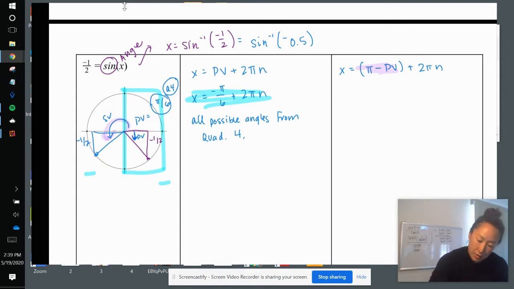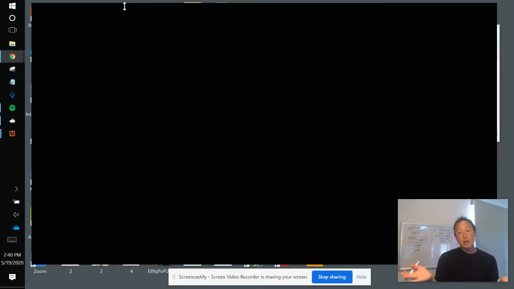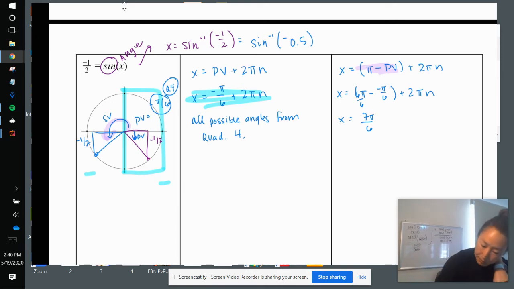So x is equal to pi minus negative pi over 6 plus 2 pi n. And x is going to be equal to 6 over 6 plus pi over 6, which gives me 7 pi over 6, or one wedge past the x-axis, plus 2 pi n.